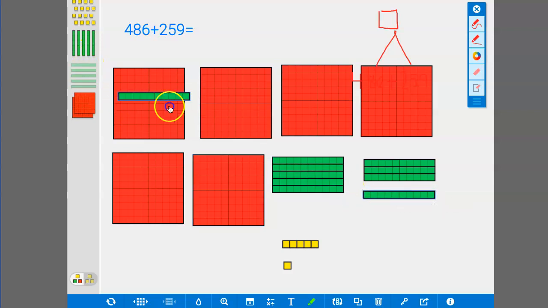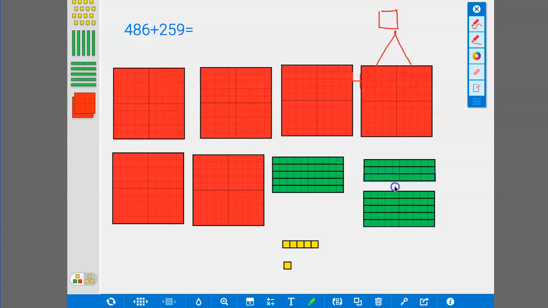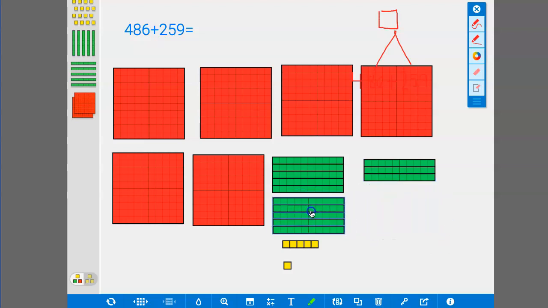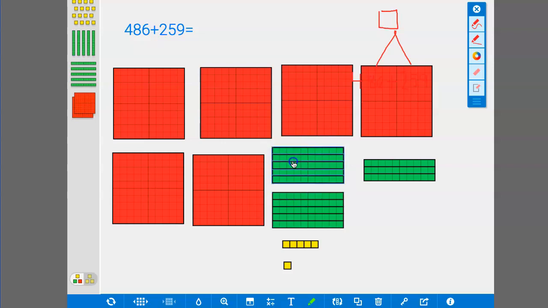1, 2, 3, 4, 5. I'm going to move this 5 right below here. Oops. Let's fix that one more time. There we go.